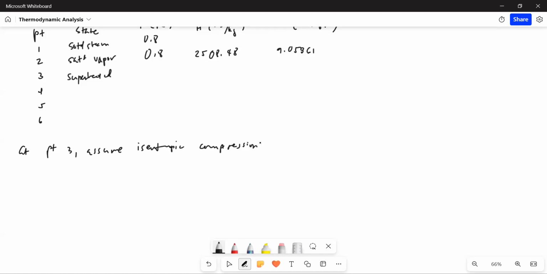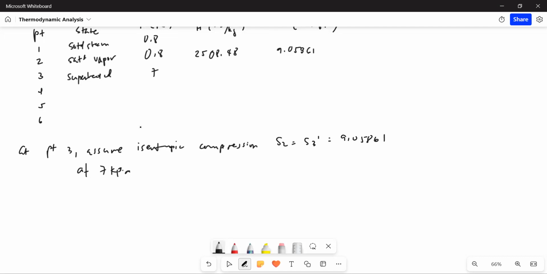And therefore S3 prime equal to 9.0586 at 7 kilopascals, because 7 kilopascals is the superheated value here, which is actually 0.07 bars equal to 7 kilopascals.